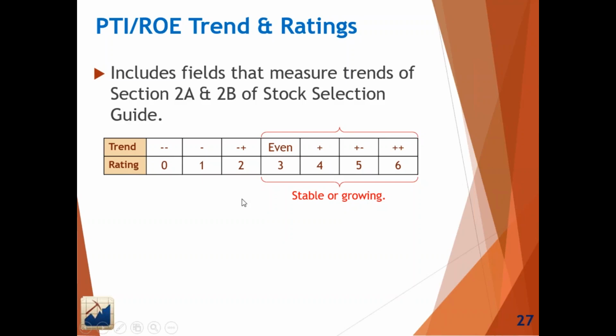And then in the other direction, a rating of 0 or minus minus means it's steadily declining. One minus sign is a rating of 1, and minus plus is a rating of 2, which might be acceptable, but still is below an even trend into a downtrend. So 3 or better is generally good on the rating side.